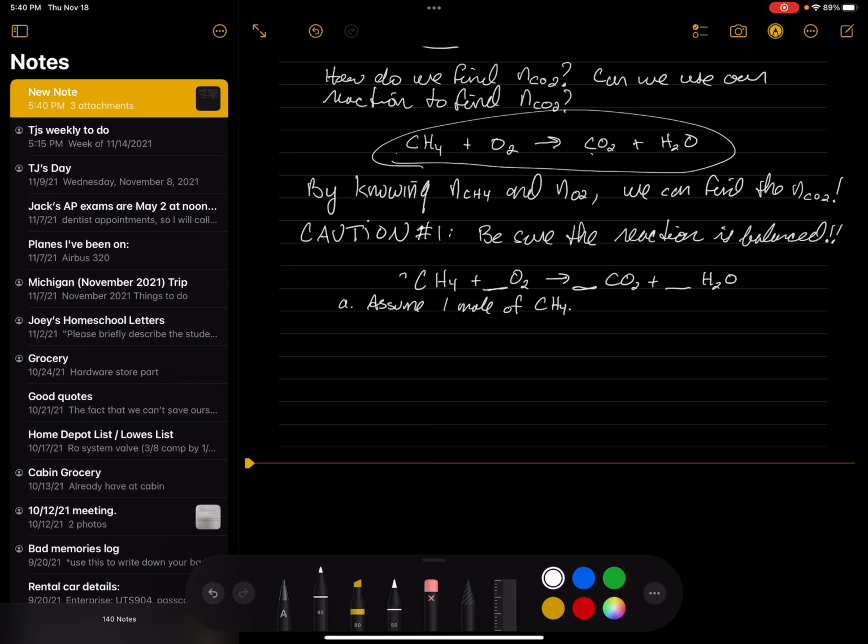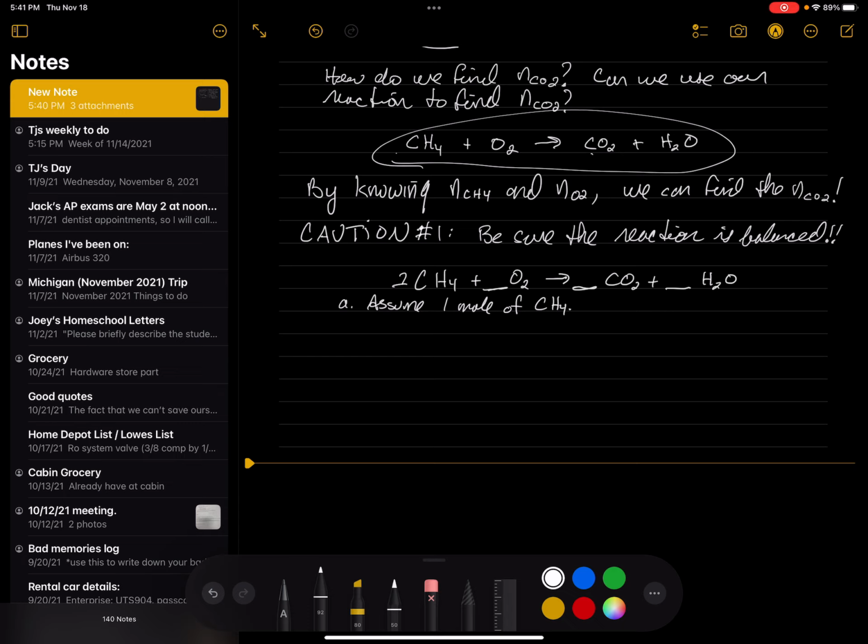And I can do that because if I make this 2 moles, that's simply going to double all the coefficients in the reaction. Or if I make it half a mole, it's simply going to halve each of the coefficients in the balanced reaction.